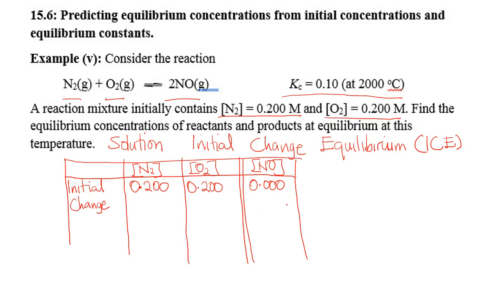What we do, we say, let the change in concentration be X. If I go back to this chemical reaction, 1 of nitrogen reacts with 1 of oxygen to give us 2 of nitrogen monoxide.